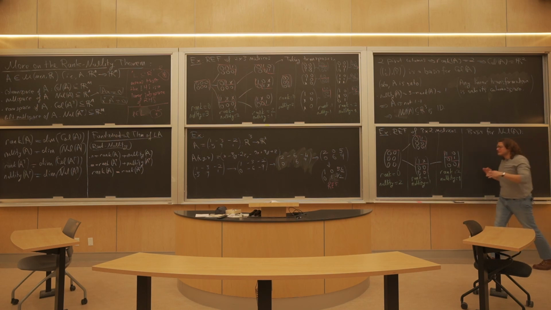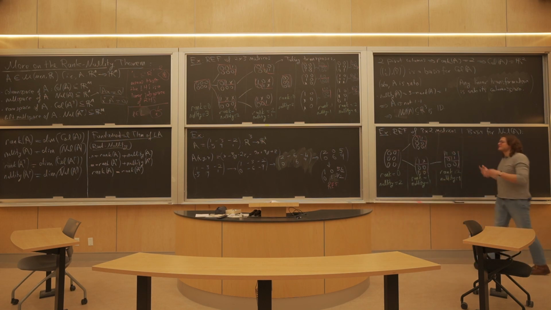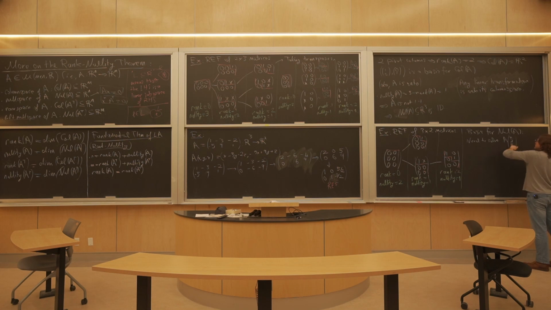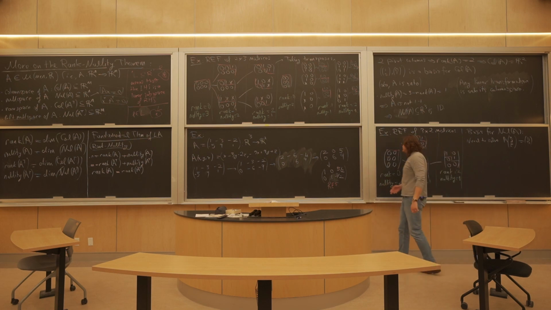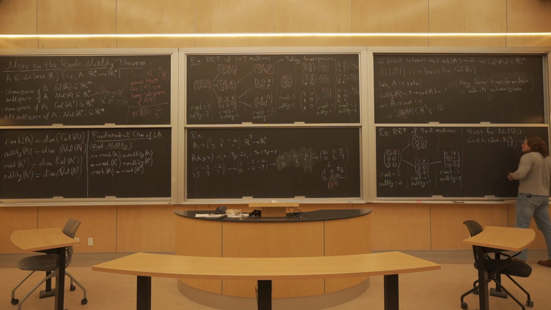So I need to solve A times (x, y, z) equals 0, 0. Now, certainly when I'm trying to solve a system like this, I can always reduce it, and the solution is going to stay the same.